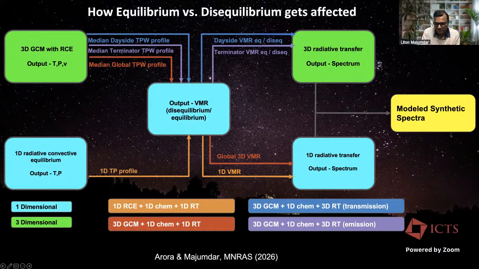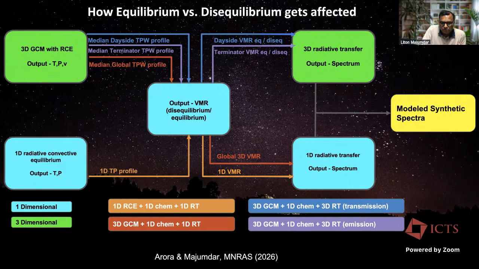Okay, so let me summarize again. Earlier what we looked into was whether your atmosphere is moving from equilibrium to disequilibrium, largely controlled by the PT profiles along with the processes that you have considered.